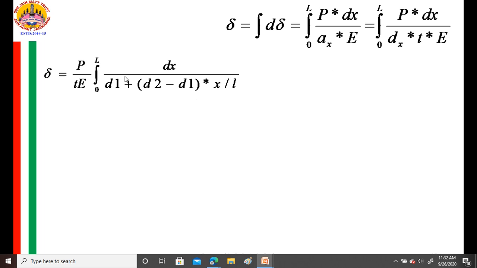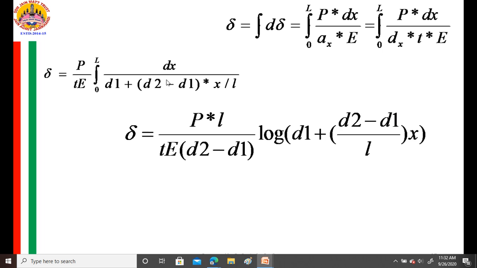Here I am substituting the value of dx. dx is d1 plus (d2 minus d1) divided by L into x. Now integrate it. What are you going to get? Delta is equal to... P is constant, T is constant, E is constant.